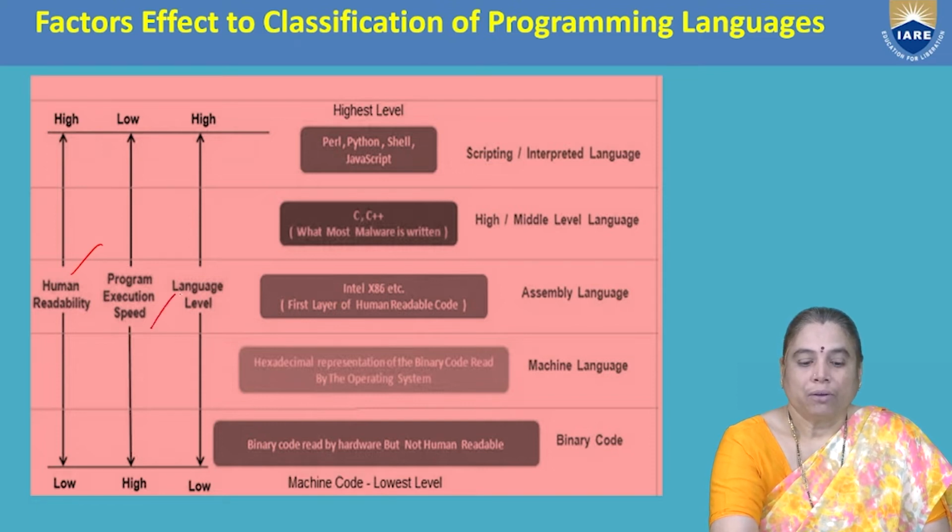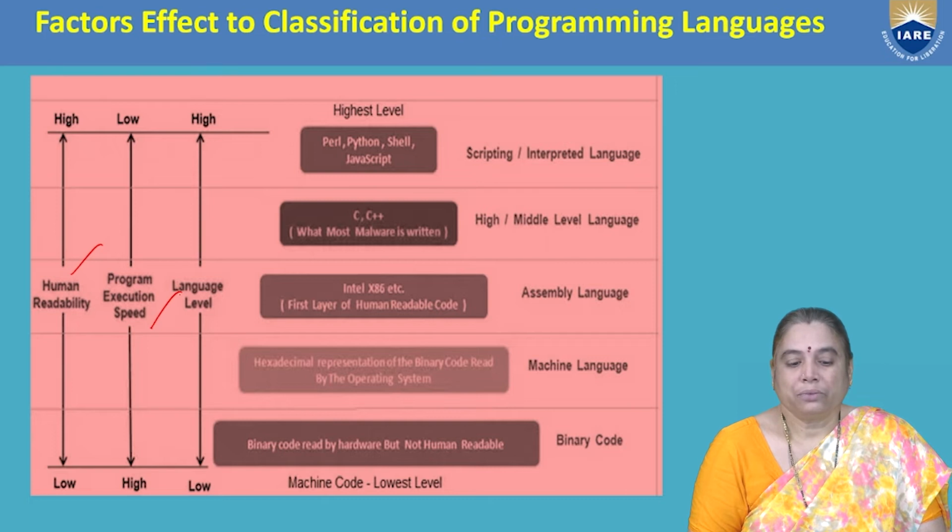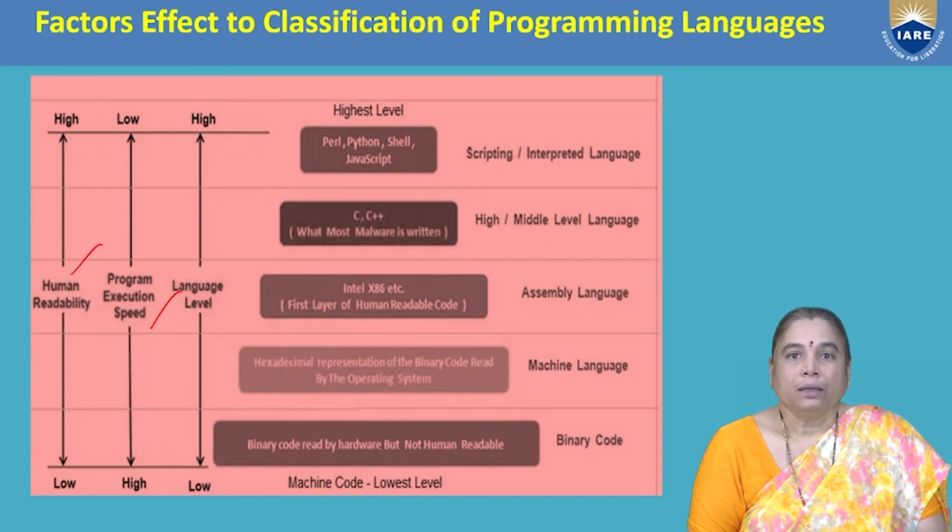The next parameter that can be considered is program execution speed. If the language is closer to the hardware and can be quickly understood by the hardware, then the speed of execution of the program can be high.